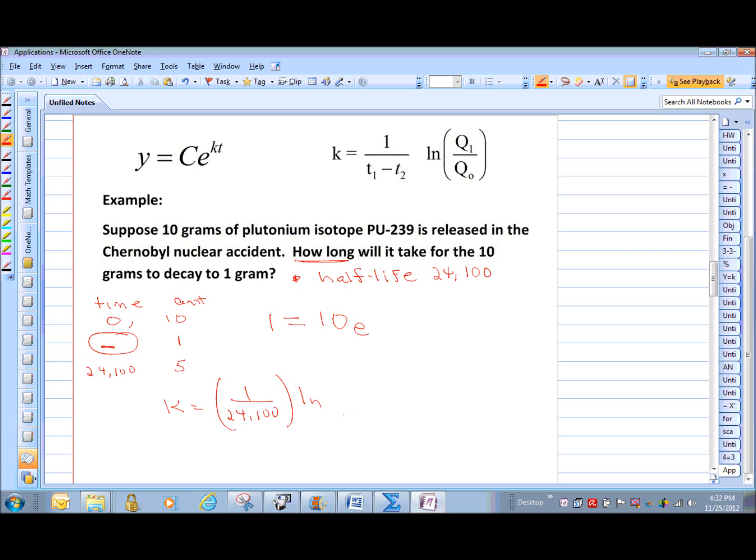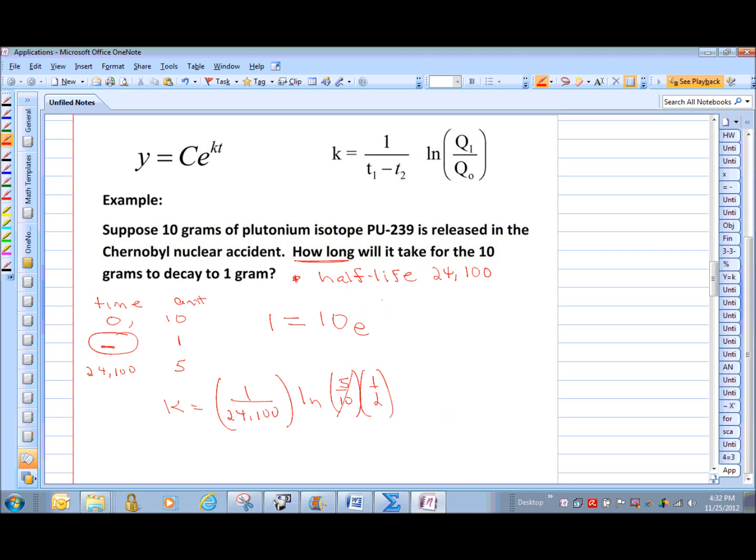And then it would be ln of the quantity after over the first amount, which we have information about, which would be 5 over 10. Interesting. 5 over 10 becomes 1/2. I believe, because this is half-life, so think about that. And so there's our K value, and then we're going to be solving for t.